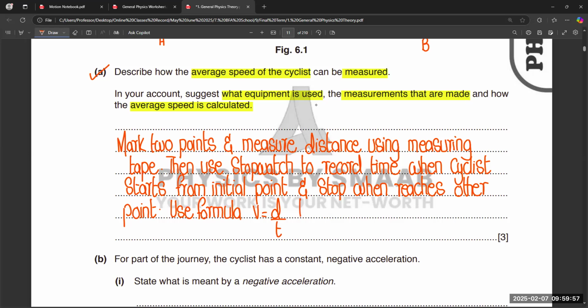Distance upon time to calculate average speed.